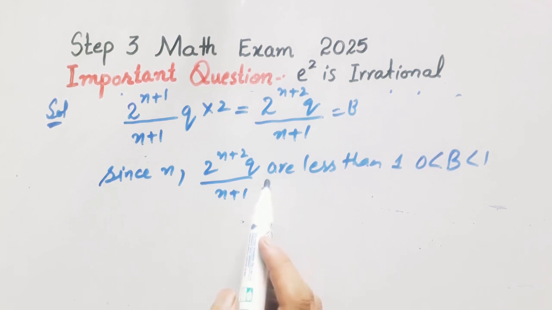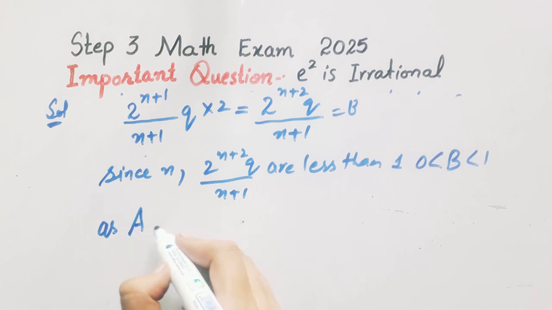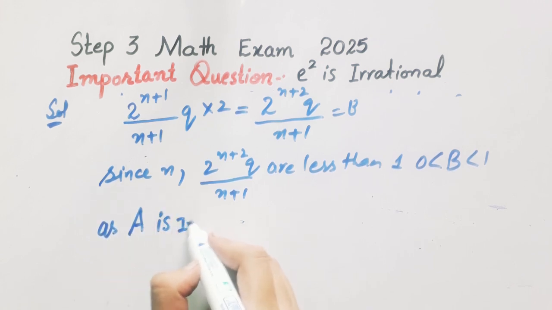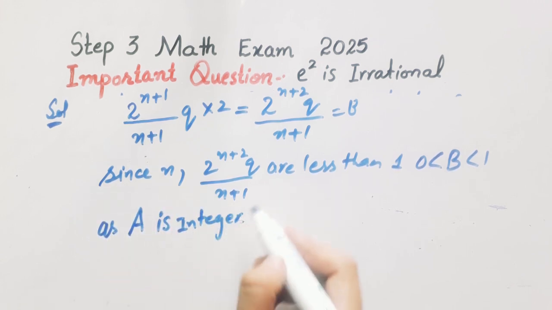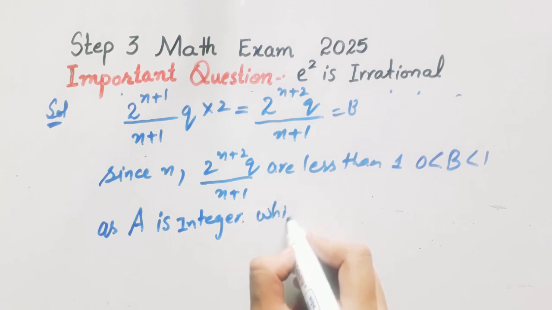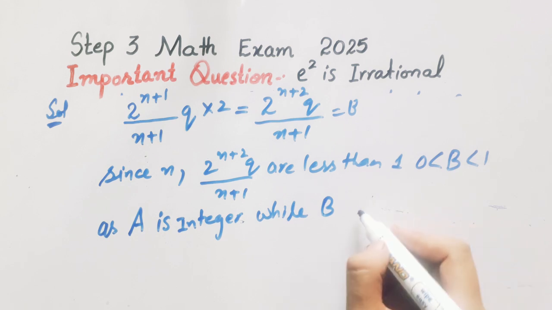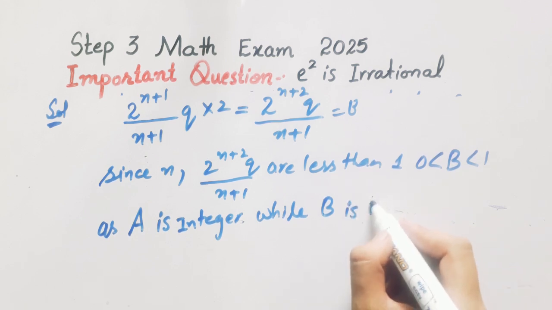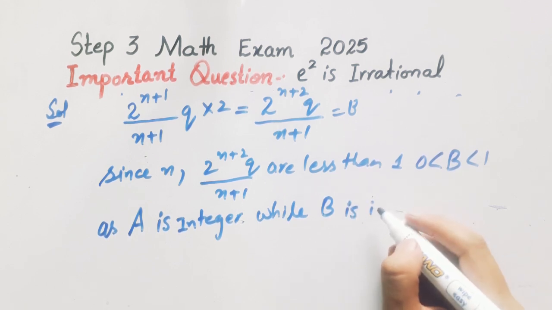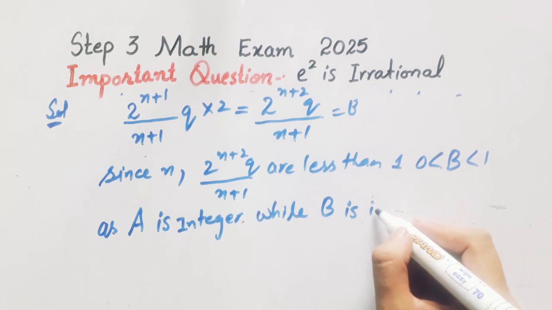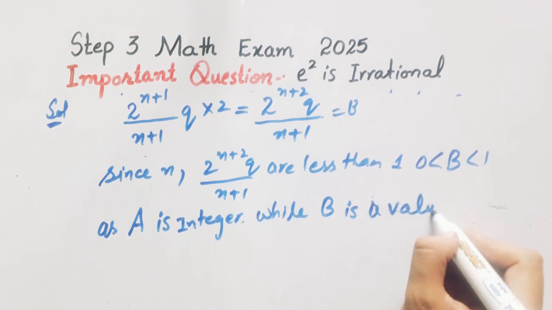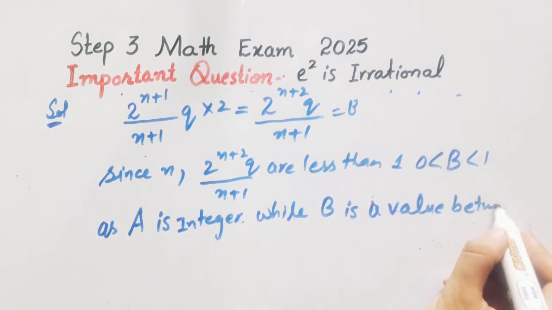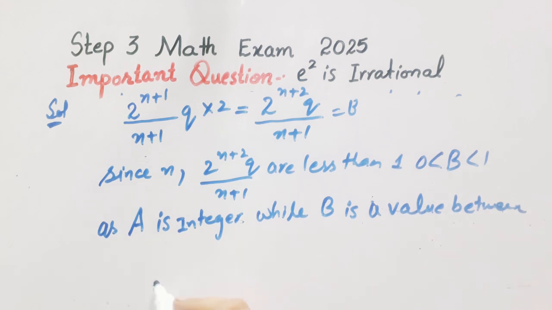Because the left side of the equation a is an integer, while b, the right hand side, is not an integer, it is a value between 0 and 1.